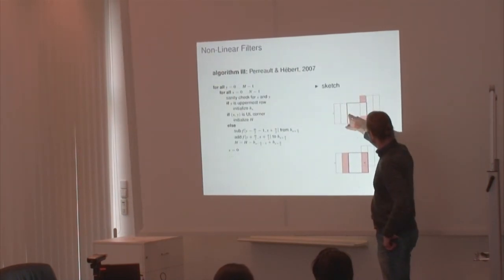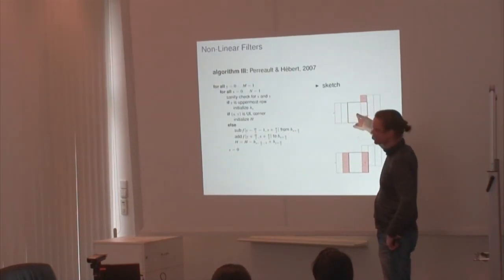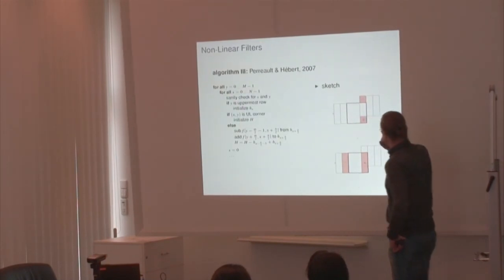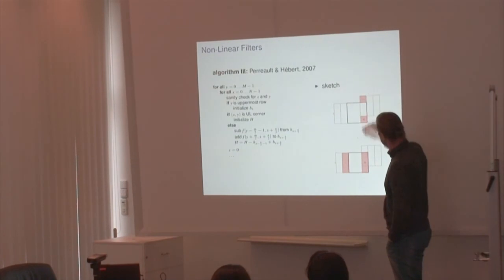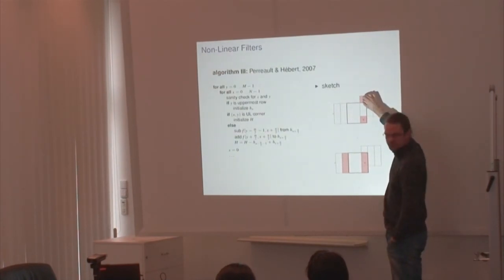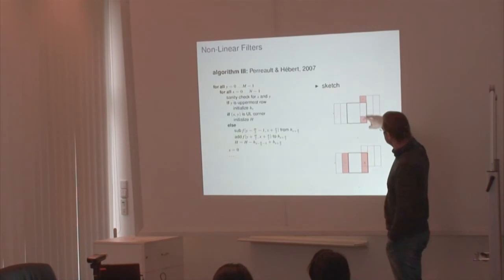We were here, and now we move here. What happens is that for the histogram of this column, we remove the value that represents the pixel intensity at this pixel, and add the intensity at this pixel. So we update our histogram for this column.